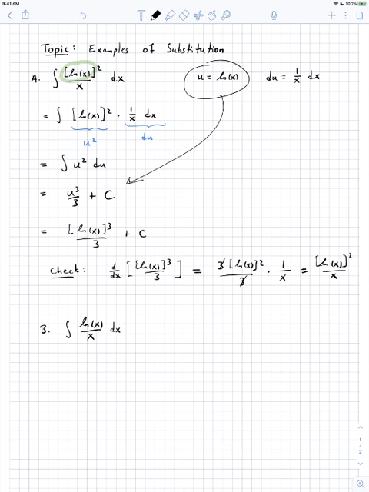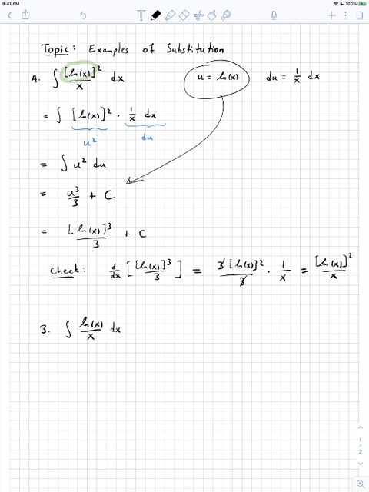There is nothing raised to the second power here, so it's not obvious that there's a composition. I suppose if you want, you can imagine thinking of this as ln of x to the 1 power. However, it's not immediately obvious that there's a composition here to choose a u to be anything.